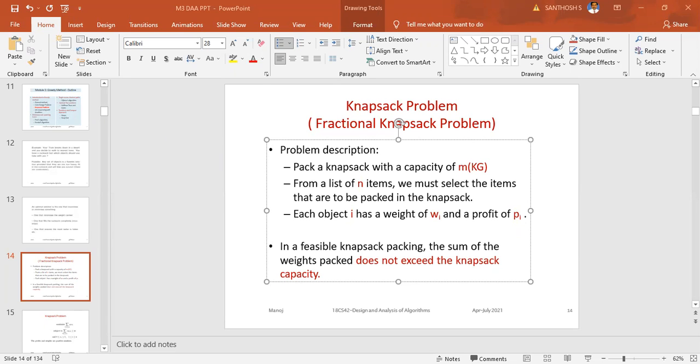See here, the sum of weights: W1 is one weight, W2 is another weight. W1 plus W2 should be less than or equal to the knapsack capacity, which is M. So should it be less than M or greater than M?